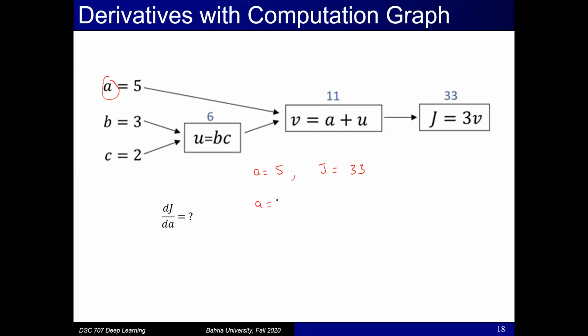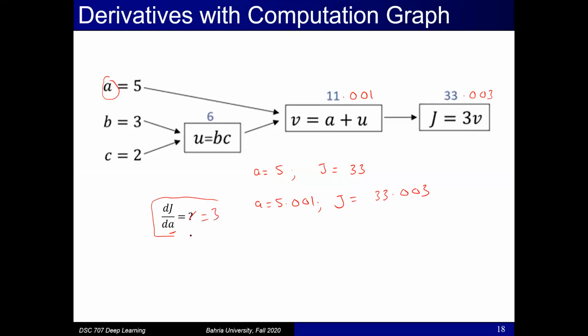Now I will change the value of a, not any other variable. Why a? Because I am computing derivative with respect to this variable. So actually, when I change a, this v will change. Okay, when a becomes 5.001, this will actually become 11.001, and this will actually become 33.003.